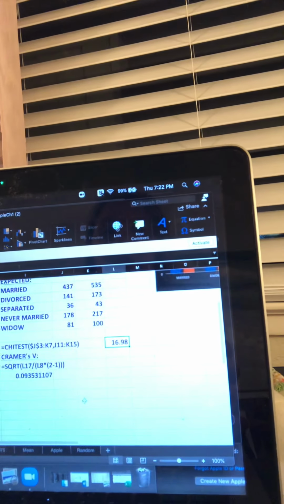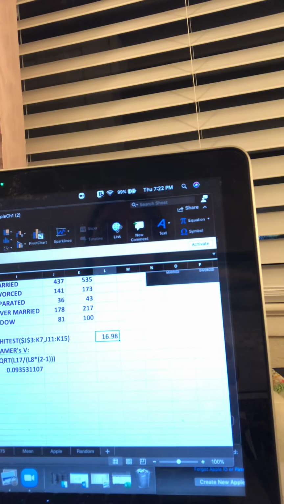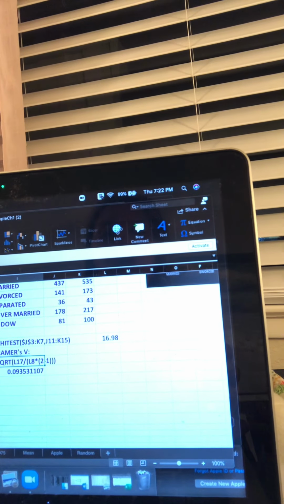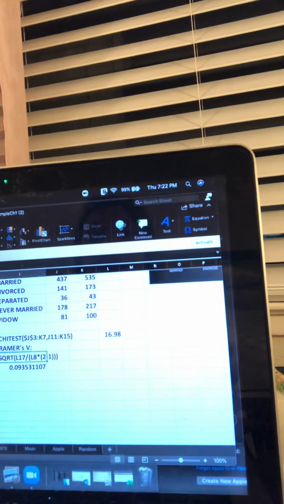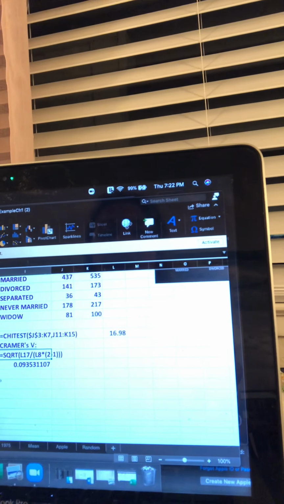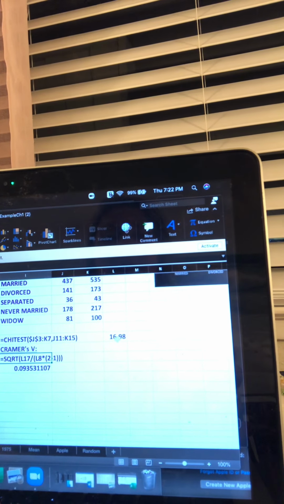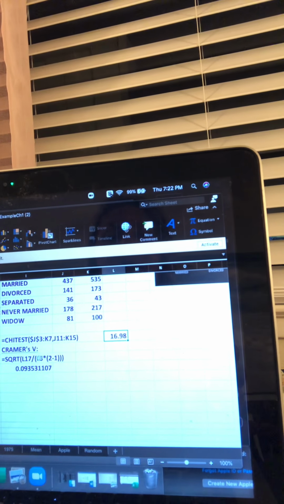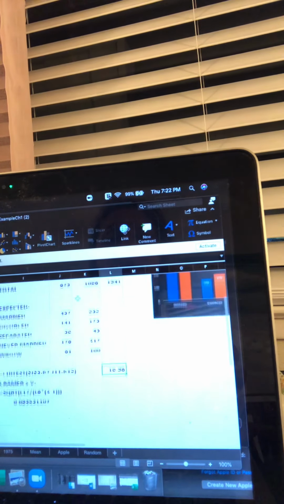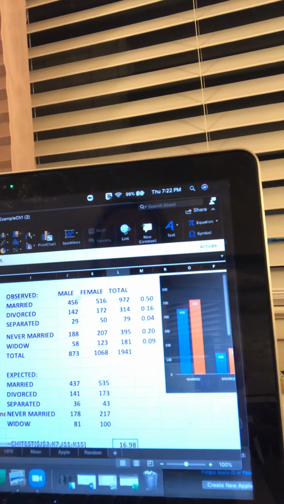So when we do our Cramer's V, what we're going to plug in the formula is equals the square root, which we do in Excel by writing equals SQRT. Open parentheses, we're going to take that L17, which is our chi-square value, and then we're going to divide it by L8, which is our total for the observations.